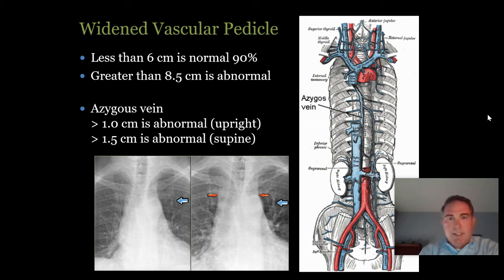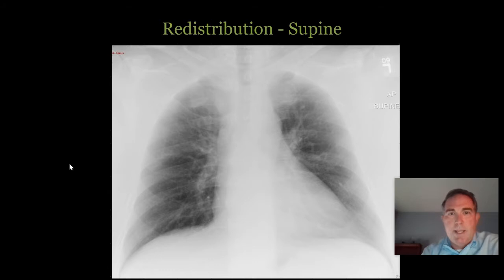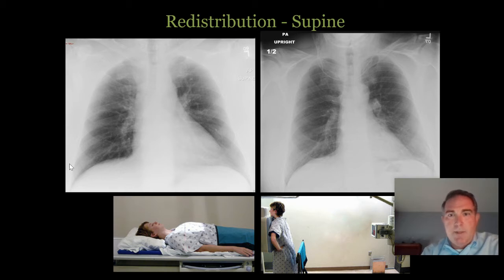It can be distended. But as you notice in the example here, this is basically what all of our supine films look like. So be mindful of the effects of a supine patient on that wide vascular pedicle. Again, here's an example of redistribution in a supine patient. When they stand up, it looks totally normal.